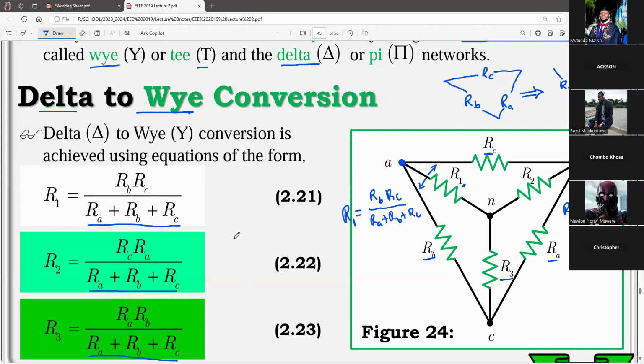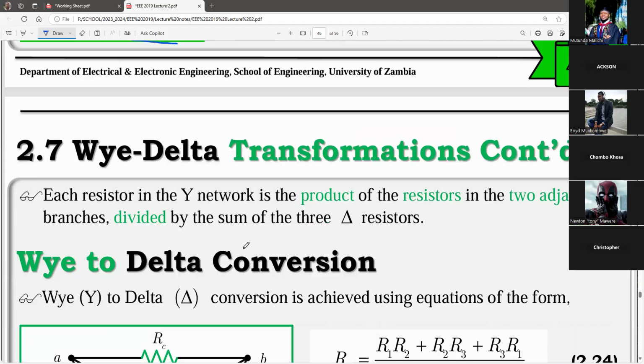But when we get to the Y, you would realize that the numerator is the same. What is different is the denominator. Okay? So each resistor in the Y network is the product of the resistors in the adjacent delta divided by the sum of the three resistors in delta.